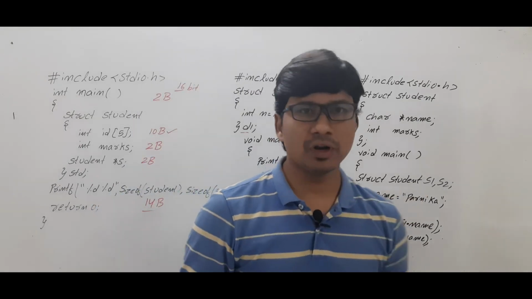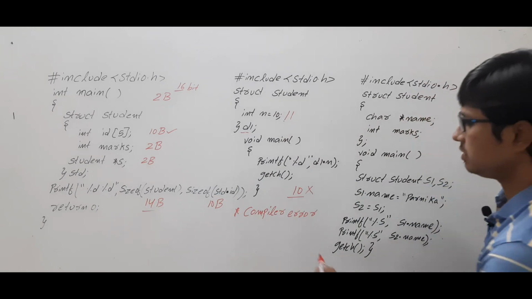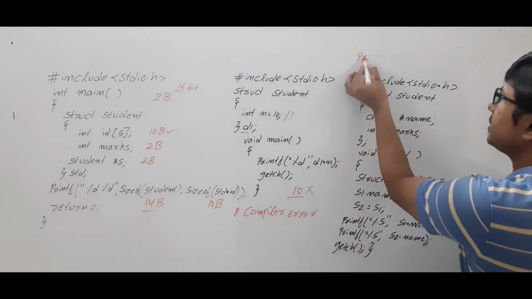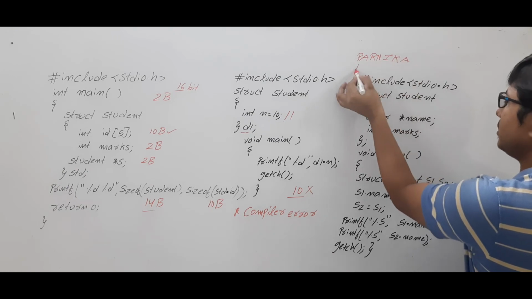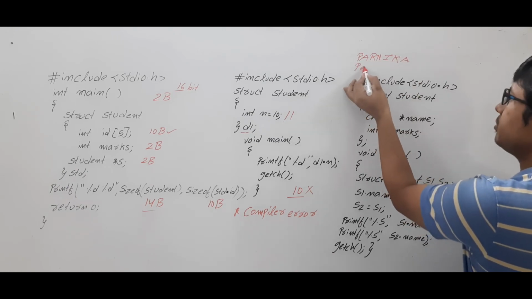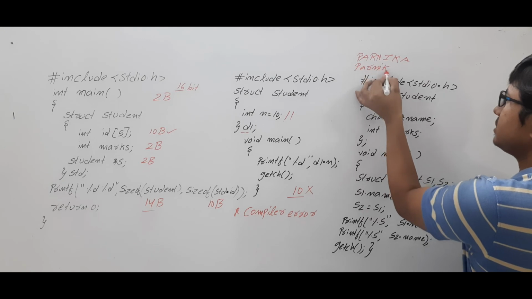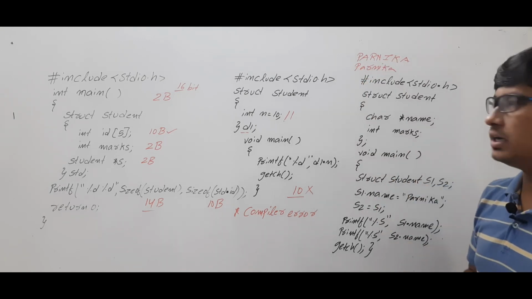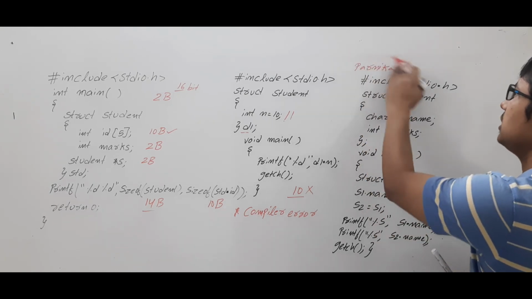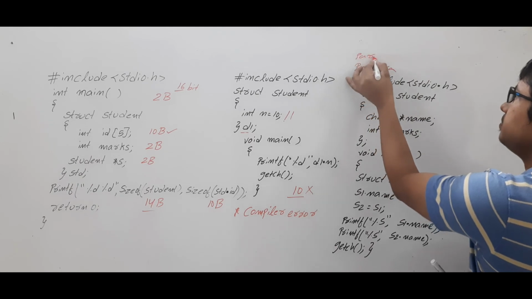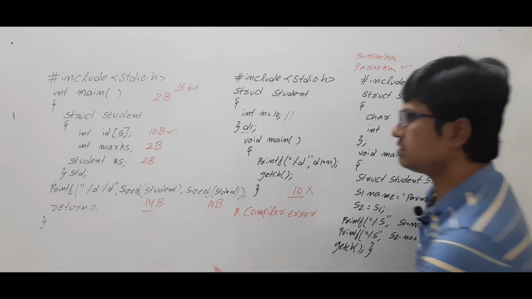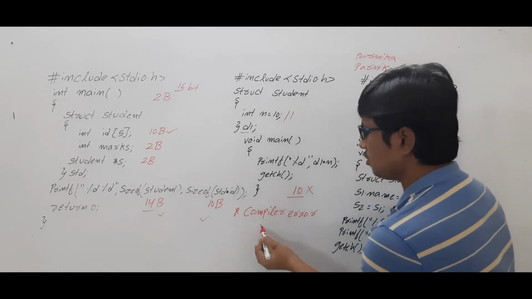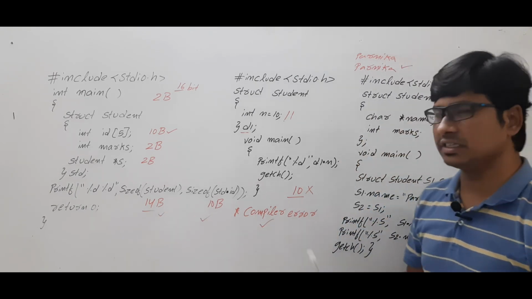So this program will give you the output as, let me write here, Parnika, and in a new line it will print Parnika. Maybe a lot of people will say that it will print in small letters. Yes, because I have given it in small letters, it will give the output in small letters only. So this is the output of this program, and this is the output of this program, and this is the output of this. Here output means compilation error.